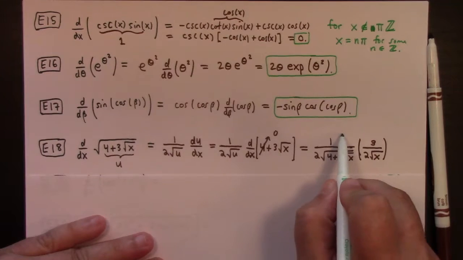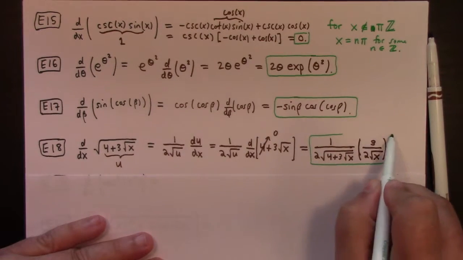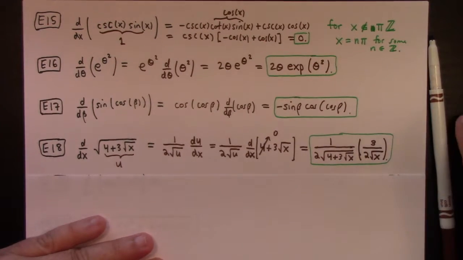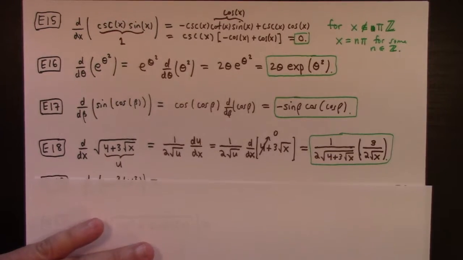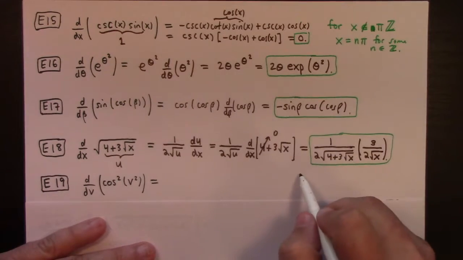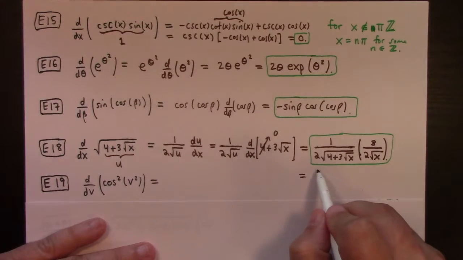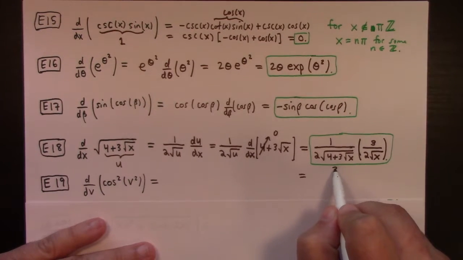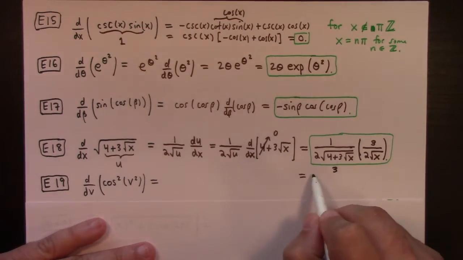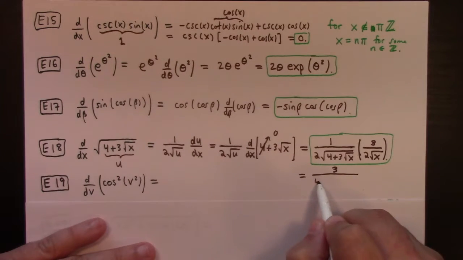Now I suppose we could simplify this one a little bit if we wanted to. I guess I want to. Let me do it. So this is equal to 3 divided by 4.